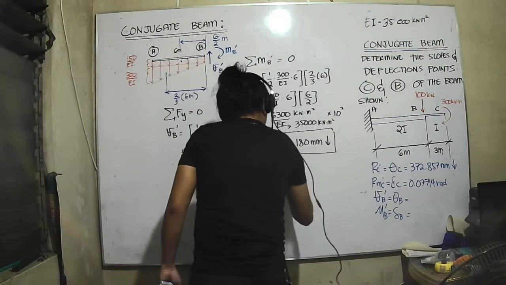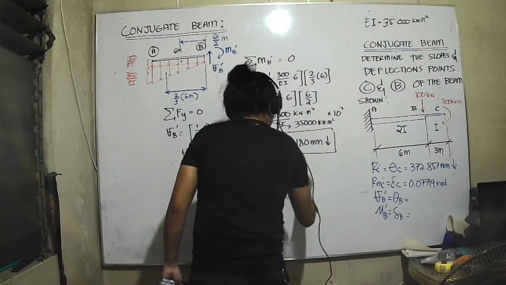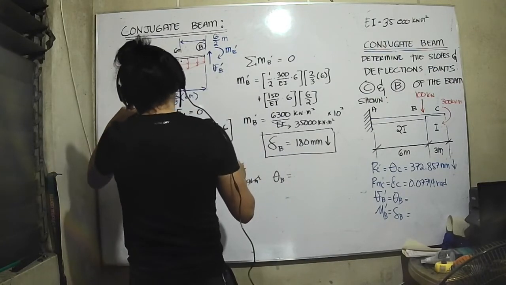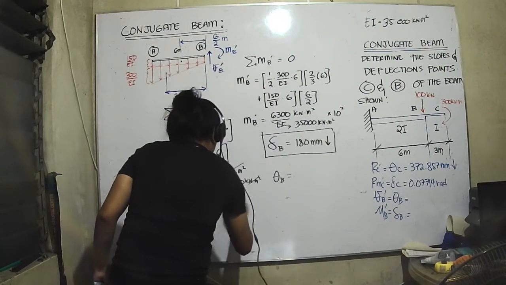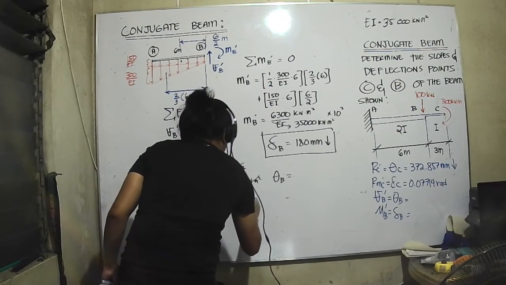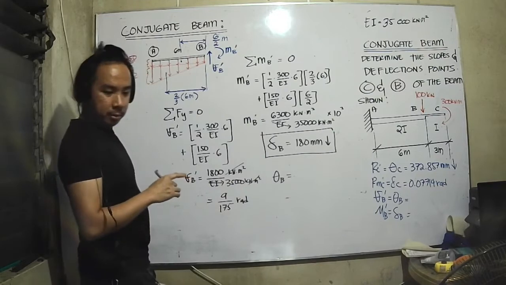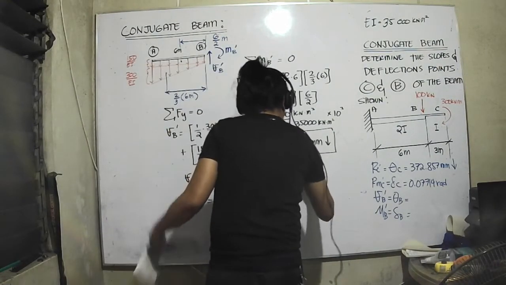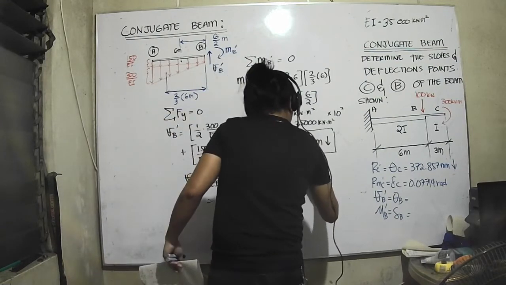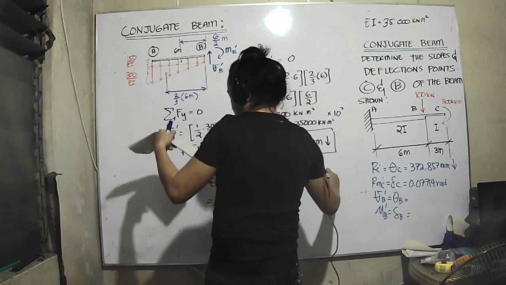So, in this case, our slope at B would be equal to 9 over 175 rad. In decimal form, I would be looking at 0.05143 radian.